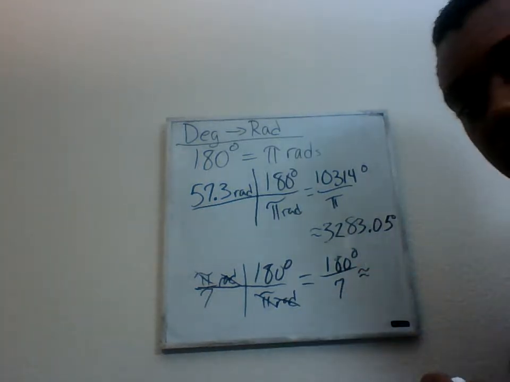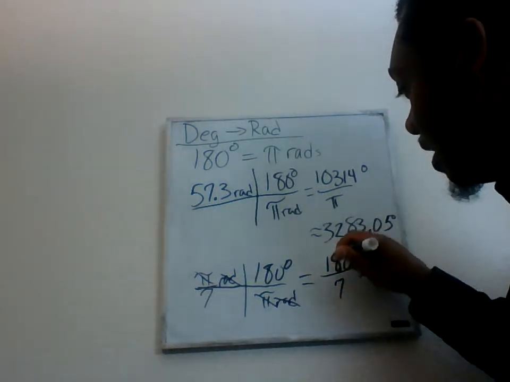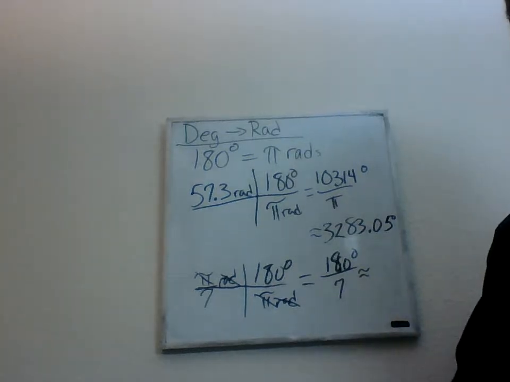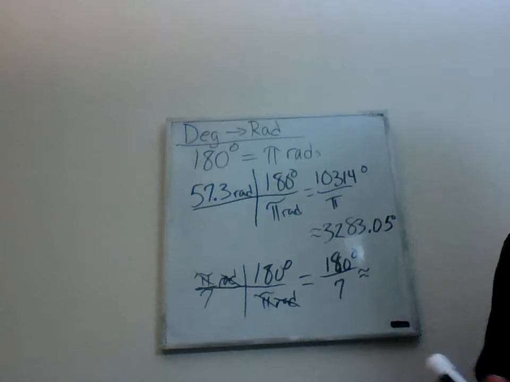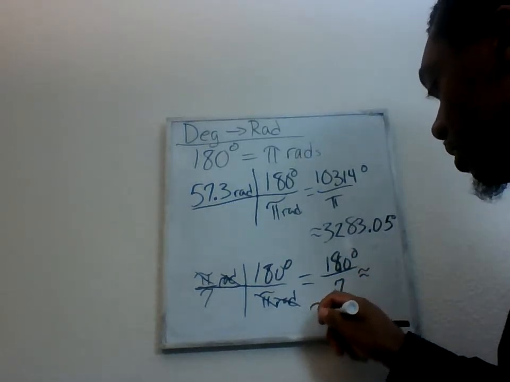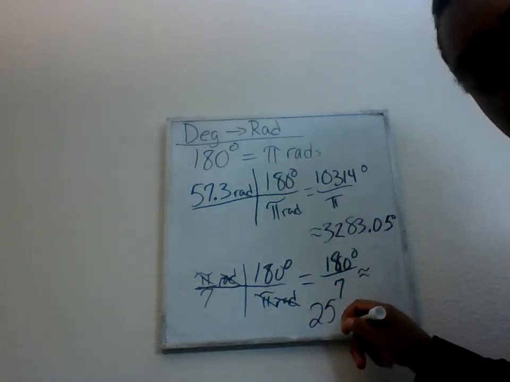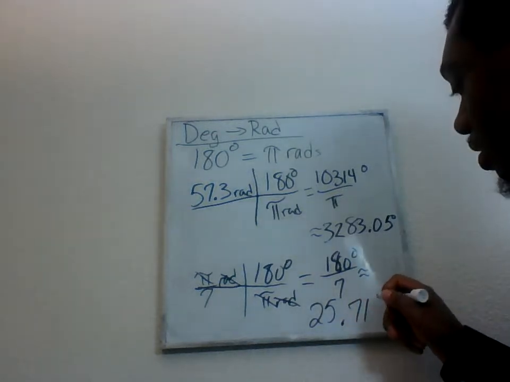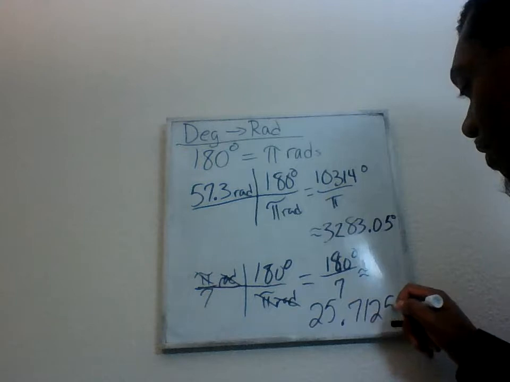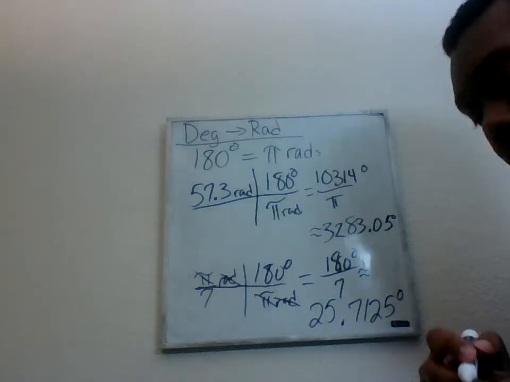And so when I do 180 divided by 7, I end up with 25.7125 degrees, roughly around there.